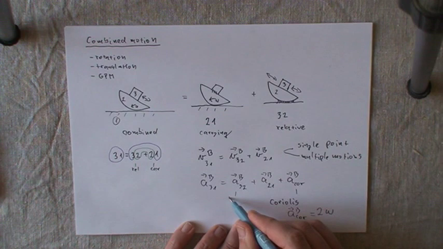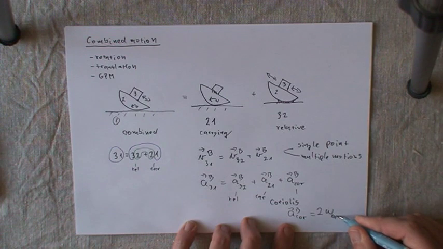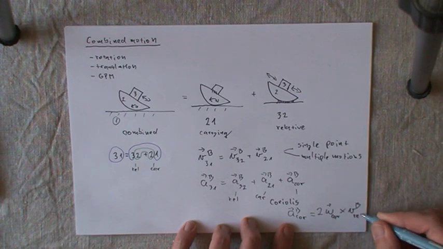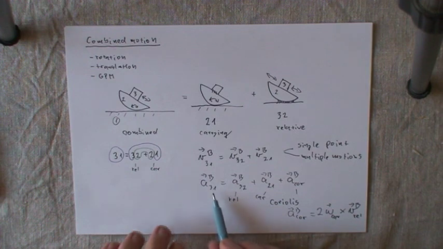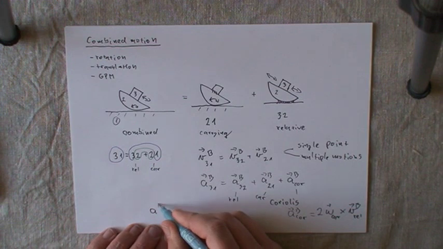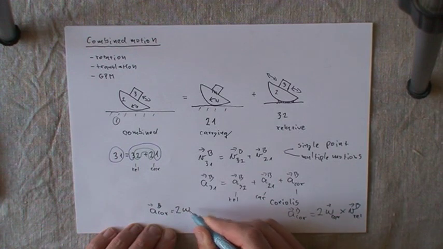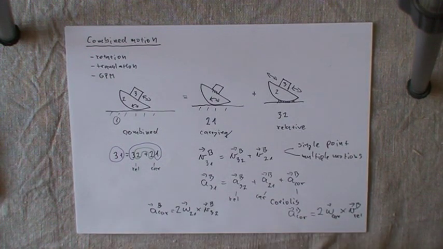So this is relative, this is carrying. In this case, when we have body number 3 and body number 2, AB Coriolis would be 2 omega carrying 2-1 times the vector multiplication with VB 3-2, VB relative.